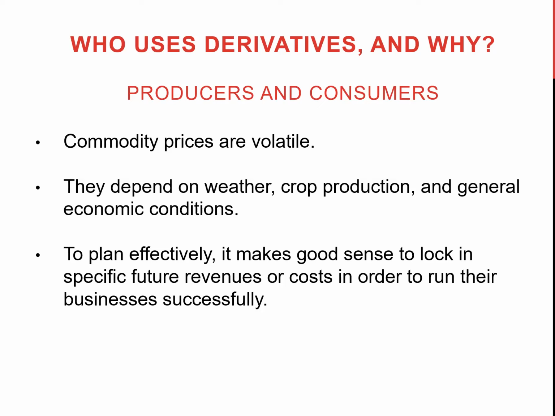There are two major groups of businesses that use derivatives. One group is the producers and the consumers, and the other group is the speculators and arbitrageurs. Producers and consumers basically want to reduce the fluctuations in the commodity price.